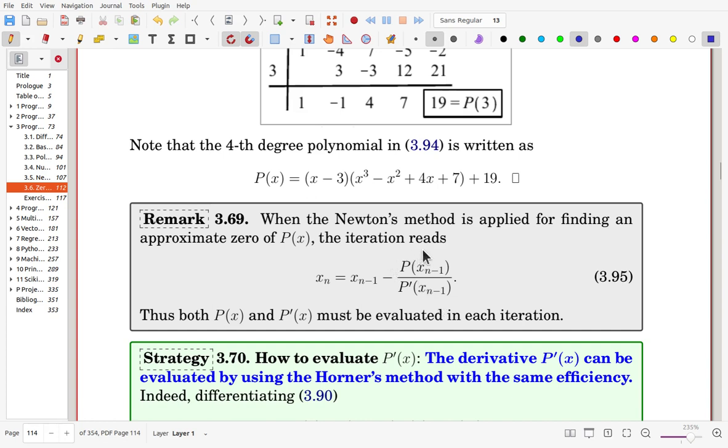And already we know how to get it. Now we'll consider how to get the derivative value.